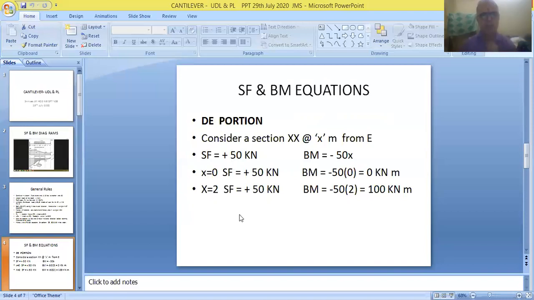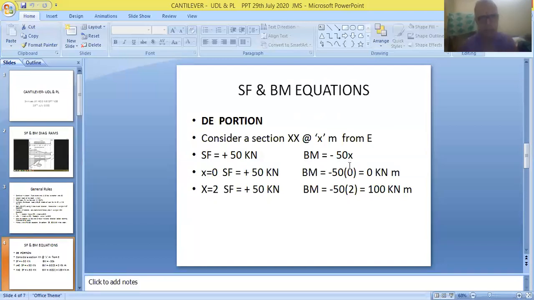So in this portion, SF is given as 50 kilonewtons. Now this force is acting in downward direction. It is subjected to clockwise movement. So therefore, bending moment is nothing but shear force into perpendicular distance. So it is written as minus 50x.